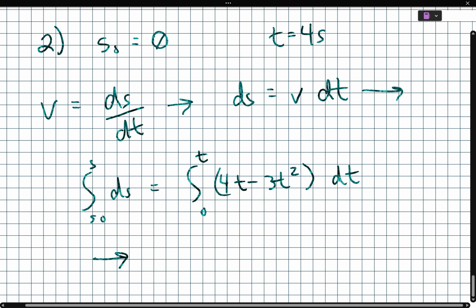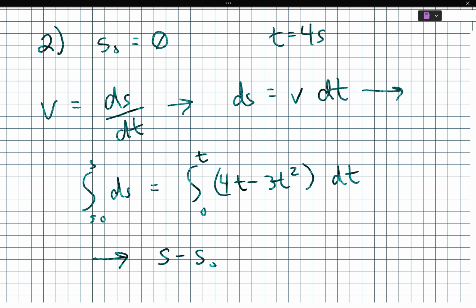From that, s minus s0 is equal to 2t squared minus t cubed. I used the addition and subtraction principle of integration and integrated those two terms separately to get 2t squared minus t to the third.